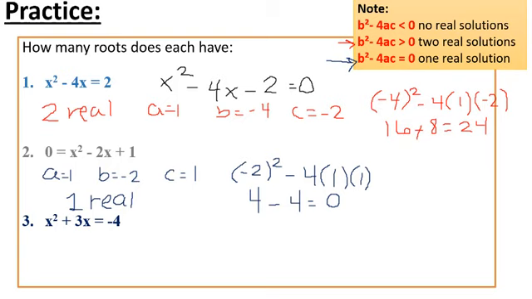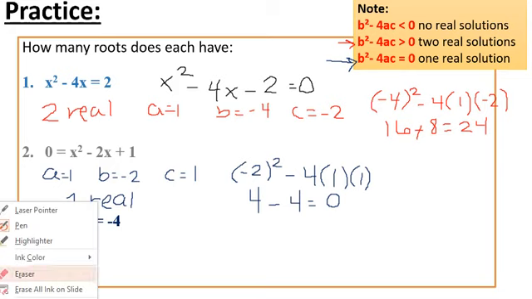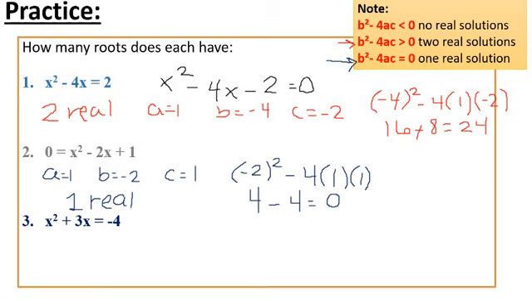So for number one, if you only got one answer, you would know you did something wrong because the discriminant tells us there has to be two real solutions. This is just a quick way to determine how many solutions there are, or how many times your graph is crossing that x-axis. It's not telling you what those solutions are. So just to be clear there.